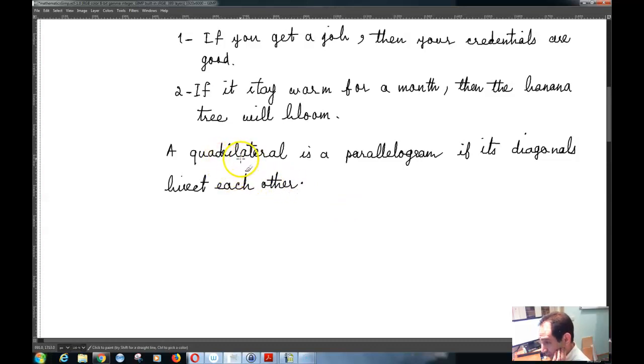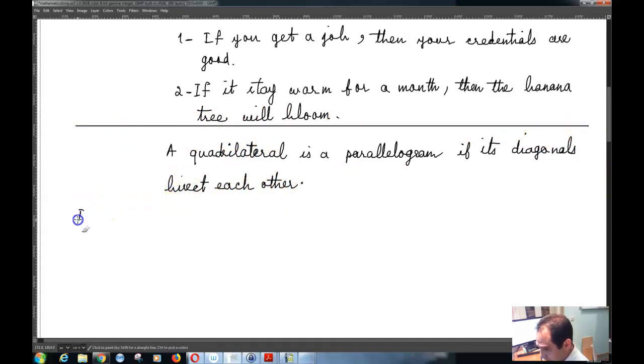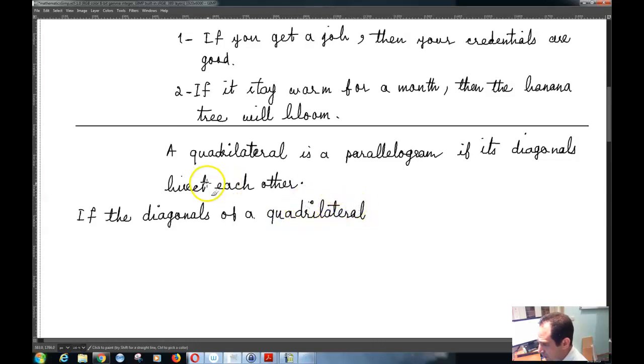So you can say that if the diagonals of a quadrilateral bisect each other, then you can write this sentence as: if the diagonals of a quadrilateral bisect each other, then it is a parallelogram.